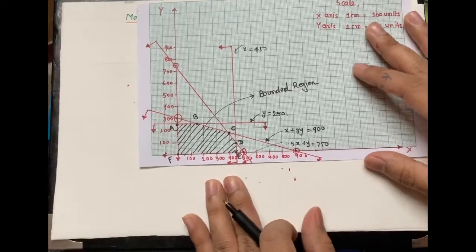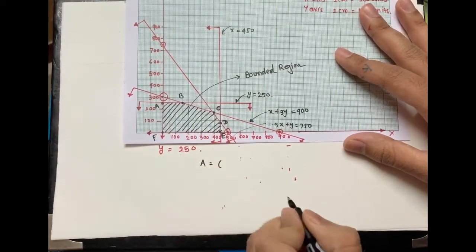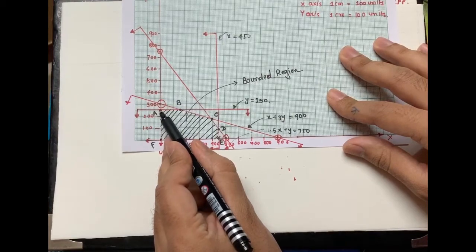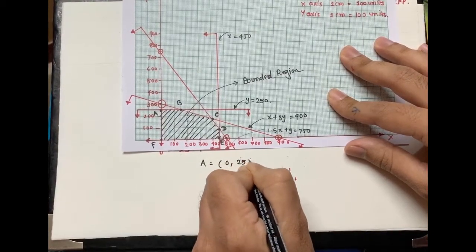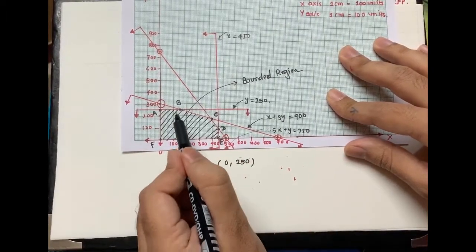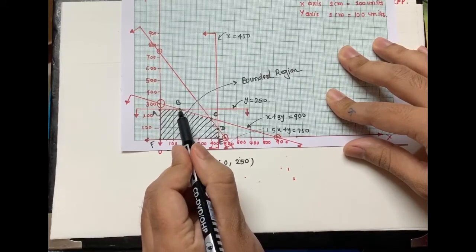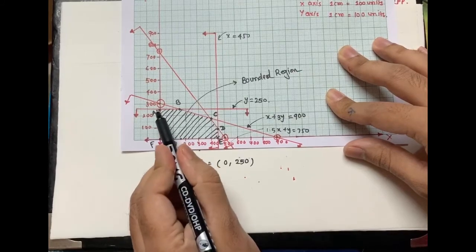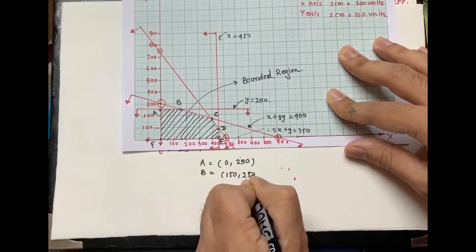Now I try to write all these points. Okay, A point. What is the point A location? It is 250 on the y axis and 0 on the x axis, so it is 0, 250. What is B? B gives you 150 and 250. On the x axis it gives you 150, on the y axis it gives 250, so 150 and 250.